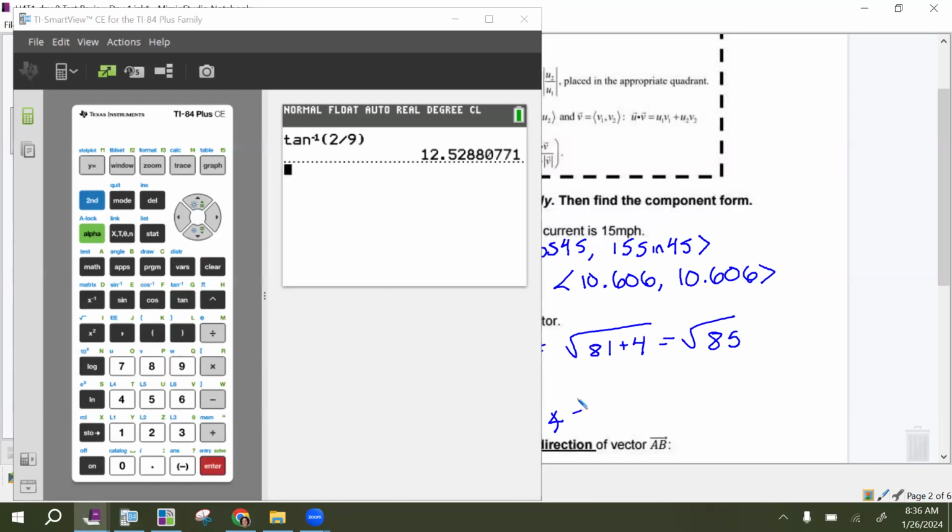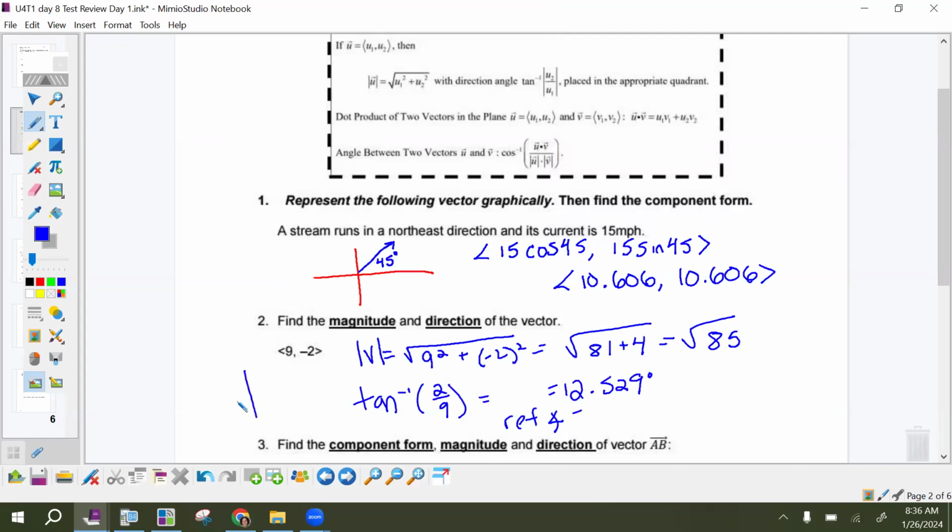Of 12.529 degrees. So the quadrant, to the right 9 down 2, this vector is in quadrant 4.